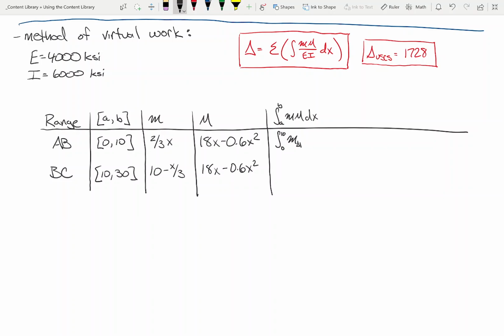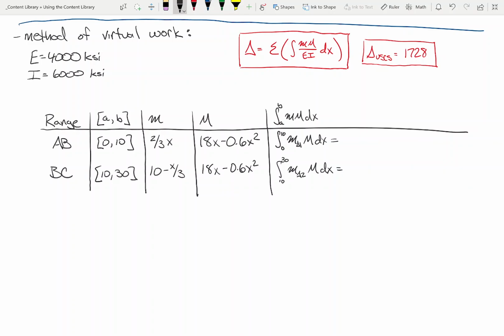Since we're going to have a theta 1 and a theta 2 here in a minute. Maybe I'm getting a little too notation heavy, but M delta 1 M dx, and this is going to be from 10 to 30. Okay?